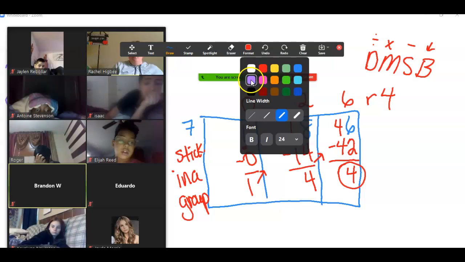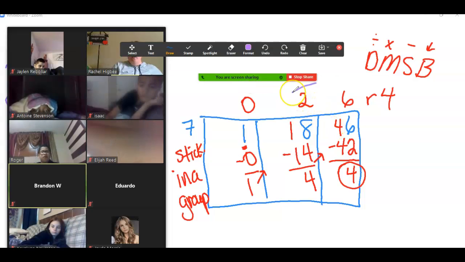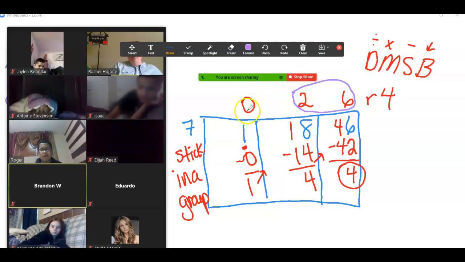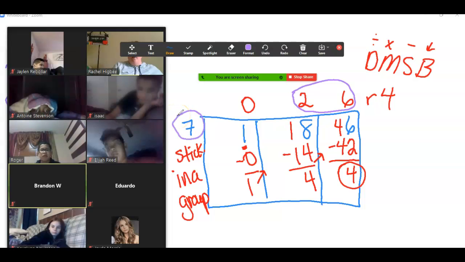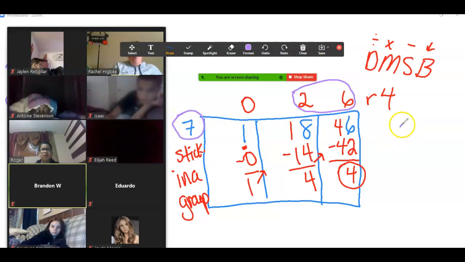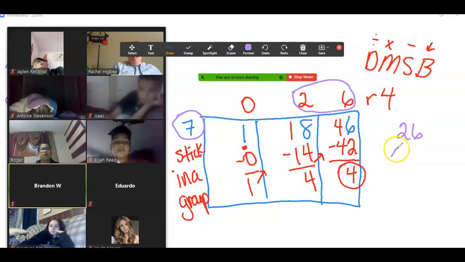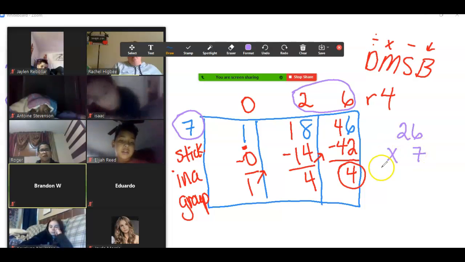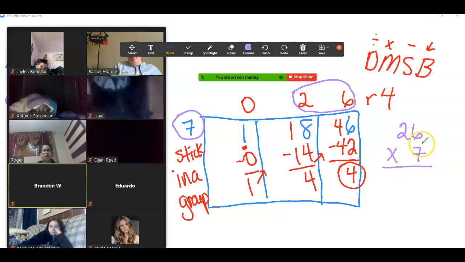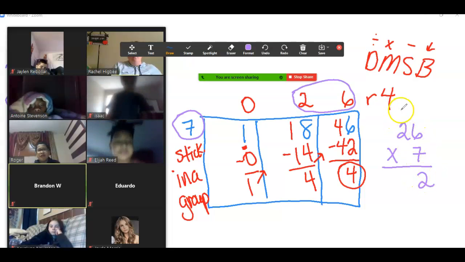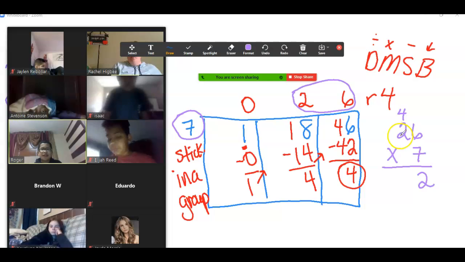Check my answer. Remember we take our quotient and we multiply by our divisor. So 26 times 7. So 7 times 6 is, very good, 7 times 2 plus 4.